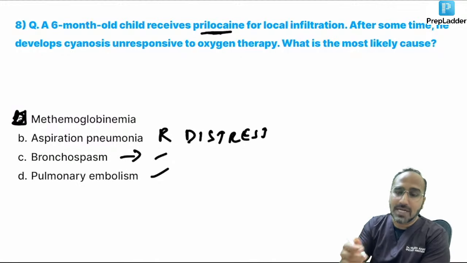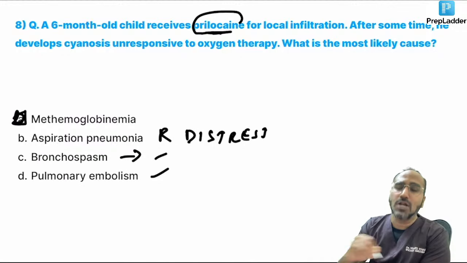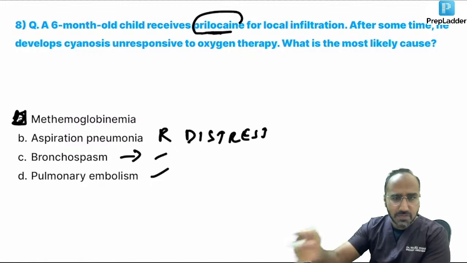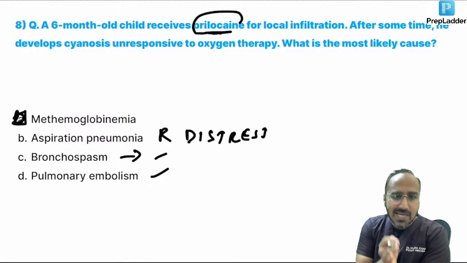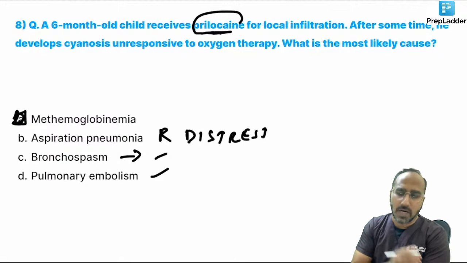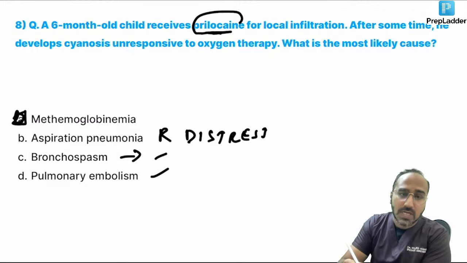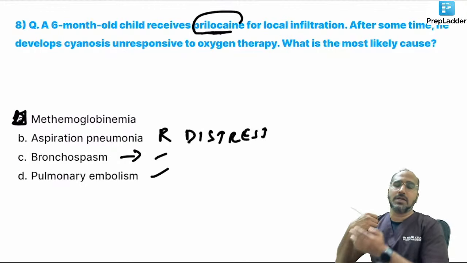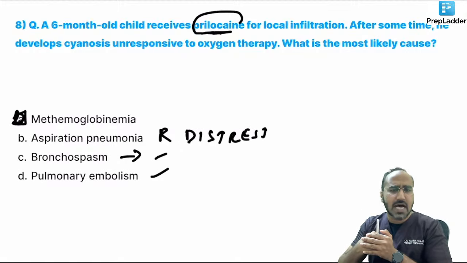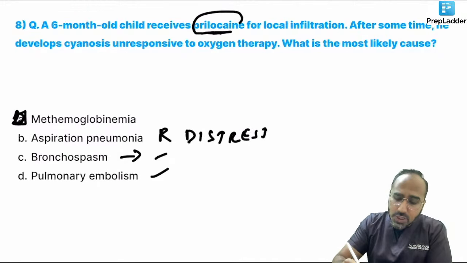Methemoglobinemia. First, we need to understand why prilocaine is given to the patient. Apart from this question, prilocaine in children is normally given for what? If a child is coming and you want to put an IV cannula, and he's not allowing you to, you apply a cream called EMLA cream.